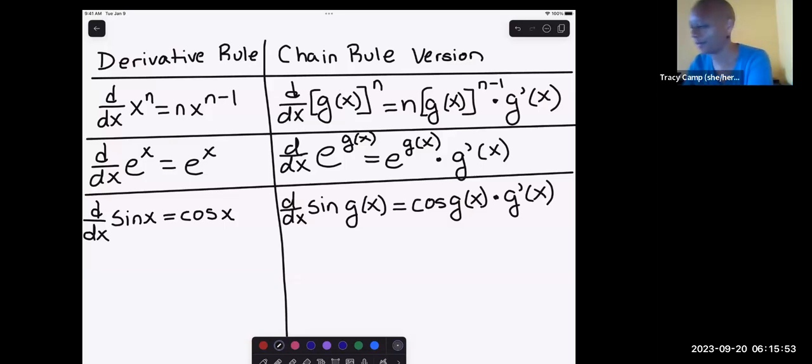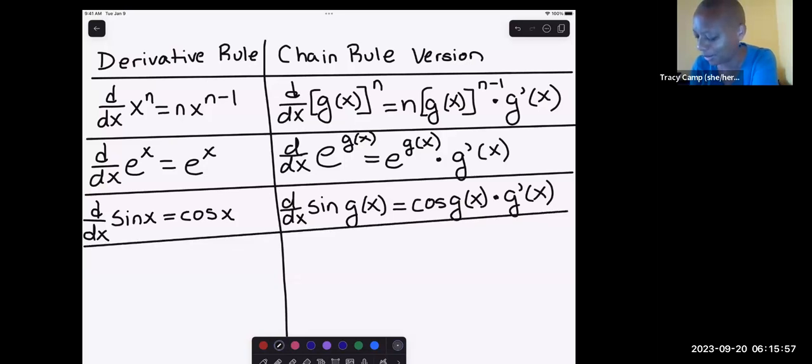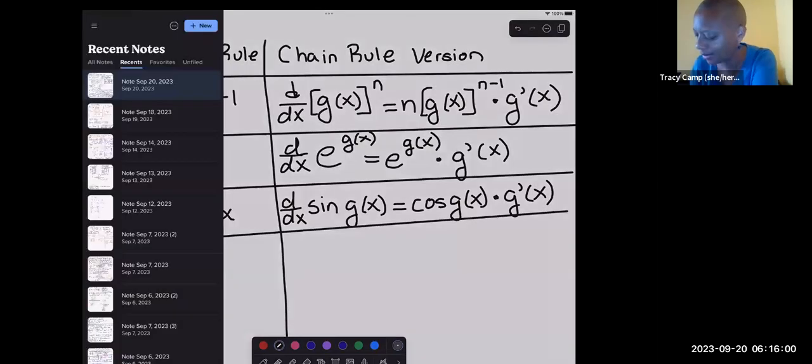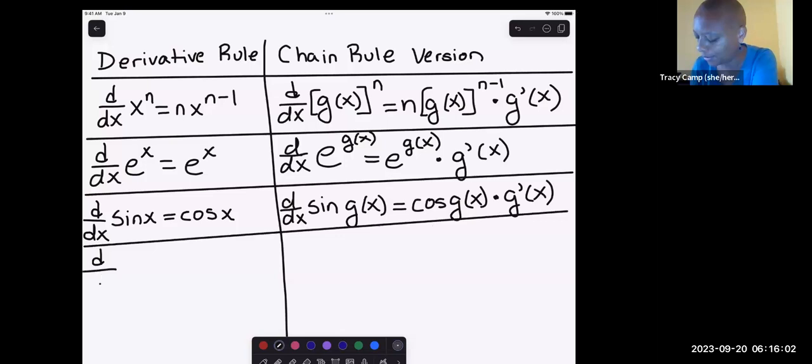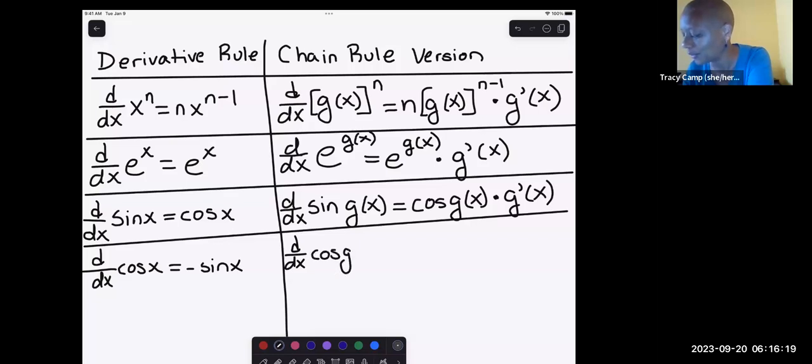I'm going to go ahead and write the other trig rules right now. I'll do it live. I was going to not record myself writing them, but I will. So the derivative of cosine, we know, is negative sine. So the chain rule version of this, I feel like I'm going to run out of room, because think about the derivative of secant, kind of long.